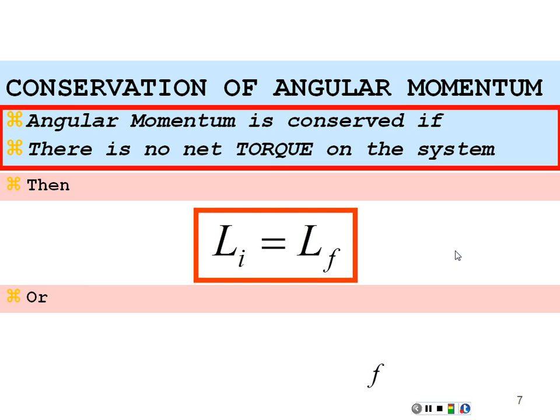That means our initial moment of inertia times our initial angular velocity equals our final moment of inertia times our final angular velocity. In these cases, it's sometimes more easily done to change your moment of inertia, and hence change your angular velocity, if your angular momentum is conserved.